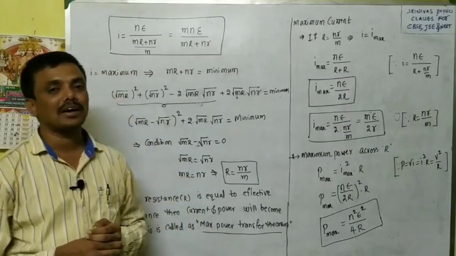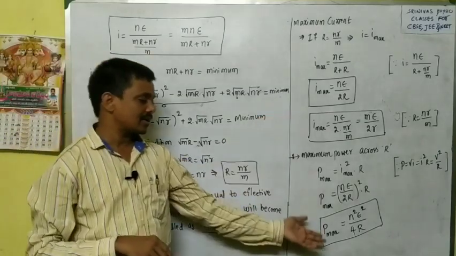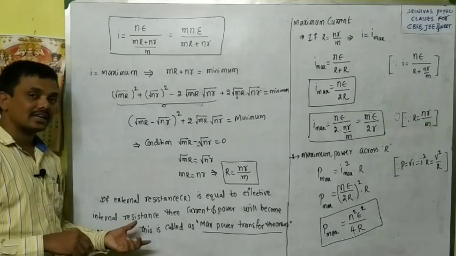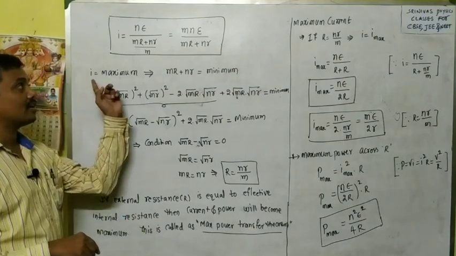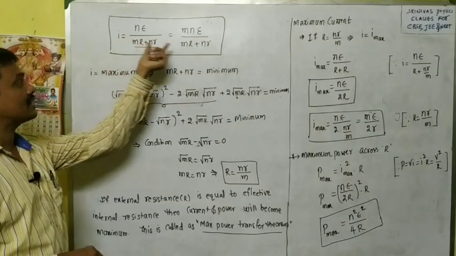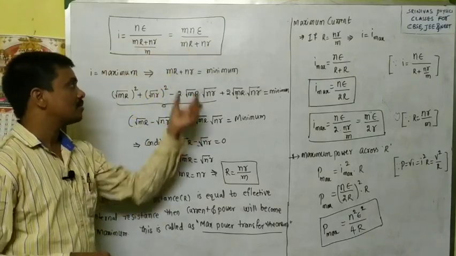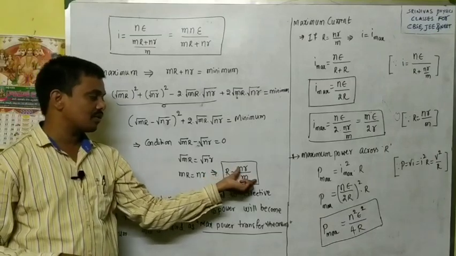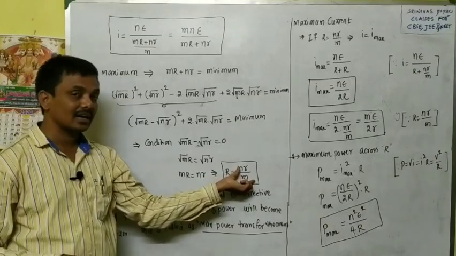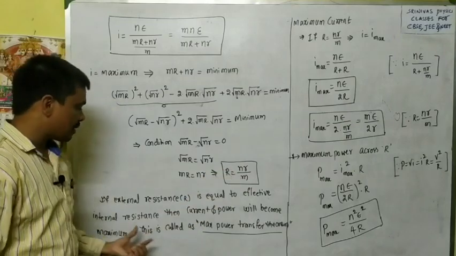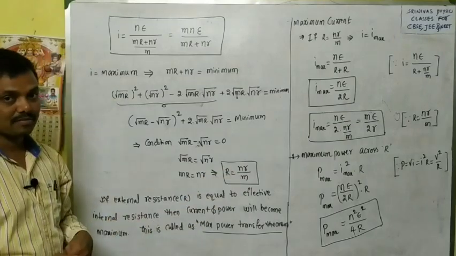We derived the maximum current formula and the maximum power formula, and also the condition for maximum current: the denominator should be minimum. So if the external resistance equals the effective internal resistance, then power and current become maximum.